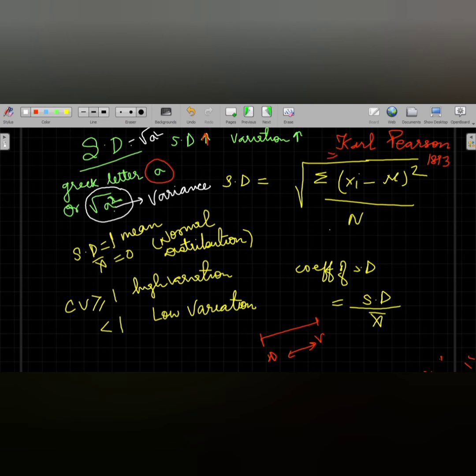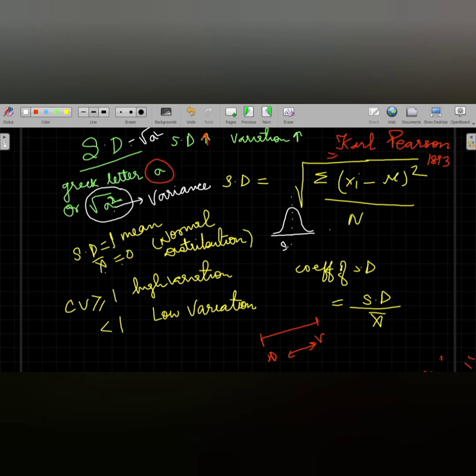Now here I have written some more points. If standard deviation is equal to 1 and mean is equal to 0, then the graph is normally distributed, meaning it will be a bell shaped graph, equally divided.